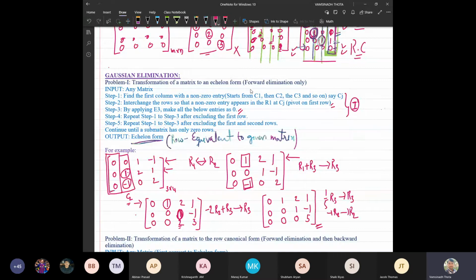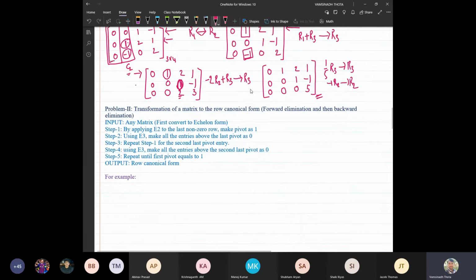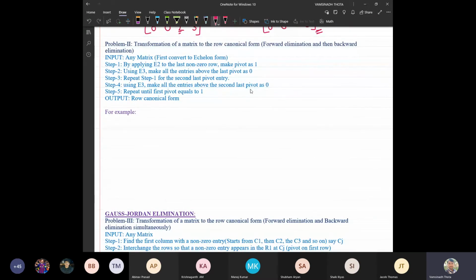Because forward, in the sense, starting from the top row we are going down. Forward means from top to bottom. Then let us move to another problem. The next one is the transformation of a matrix to the row canonical form.